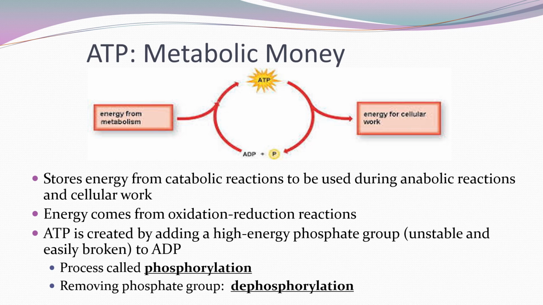But because we don't want to just throw that ADP away, we are going to add a phosphate group, which is called phosphorylation, and it turns that ADP back into ATP. So we go in this really neat little kind of energy cycle, if you want to think of it that way, where we go from ATP to ADP, back to ATP, then to ADP over and over.